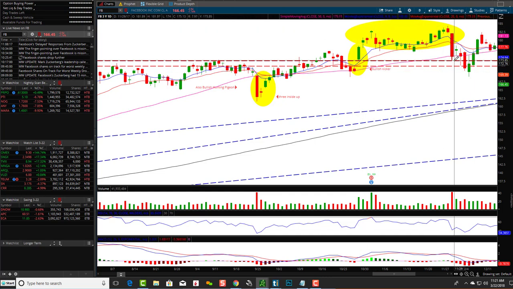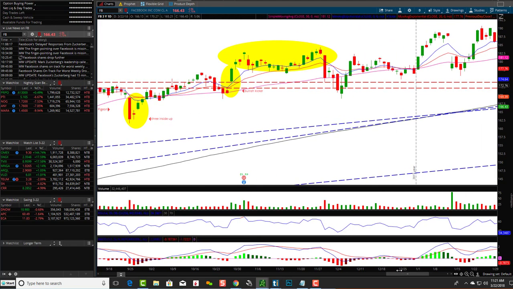Gaps up, price comes back down, tests the gap, comes down, fills the gap before potentially going back up. There's a saying that all gaps must be filled. Again, it's a matter of when it happens. So just because price gets close to a gap doesn't mean it's going to fill it. But if a price gaps up, usually it wants to come back down and fill that gap again before it goes back up.